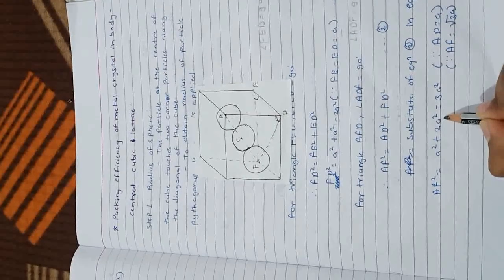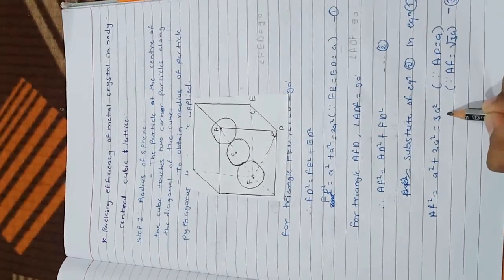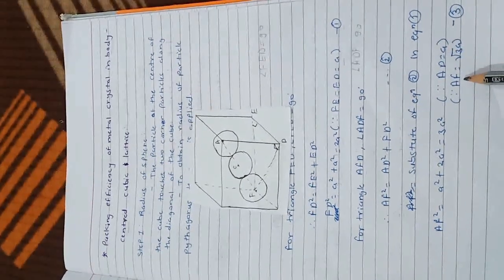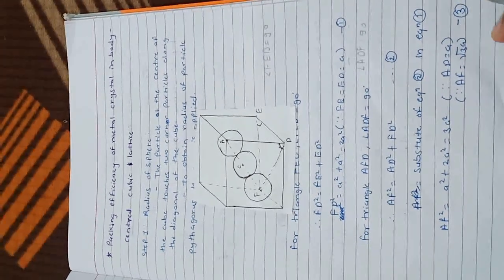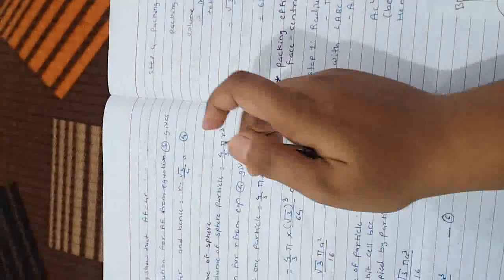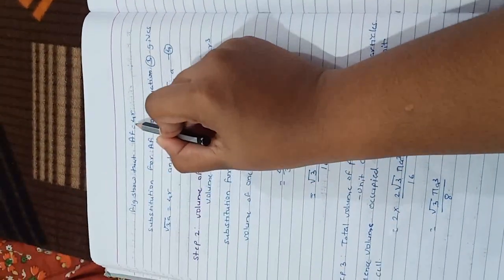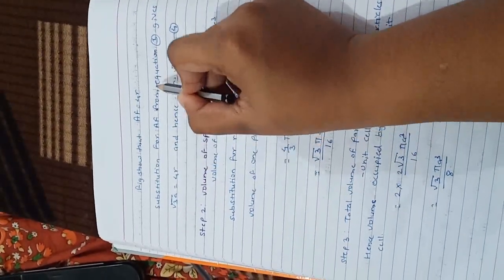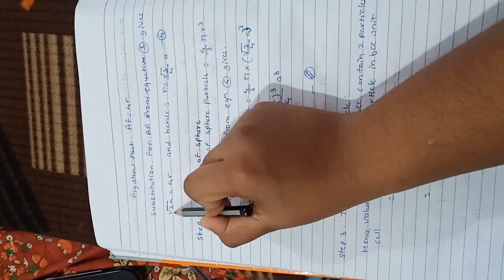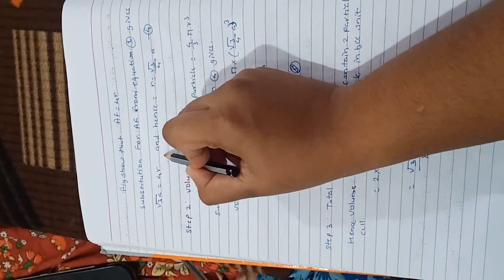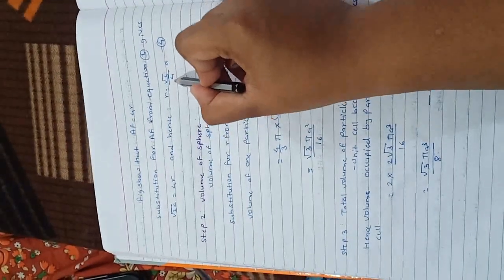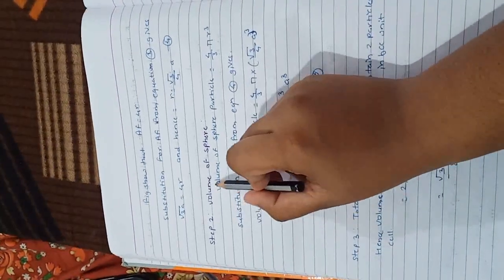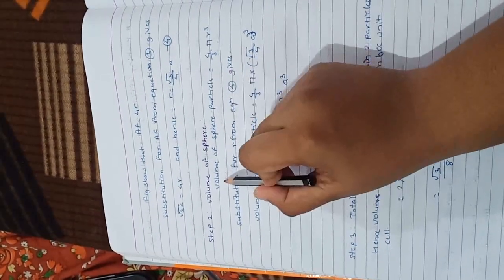AF square equals a square plus 2a square equals 3a square. Therefore AD equals a and AF equals root 3 a. Equation 3. The figure shows that AF equals 4r. Substitution for AF from equation 3 gives root 3 a equals 4r, and hence r equals root 3 upon 4 into a. Equation 4.